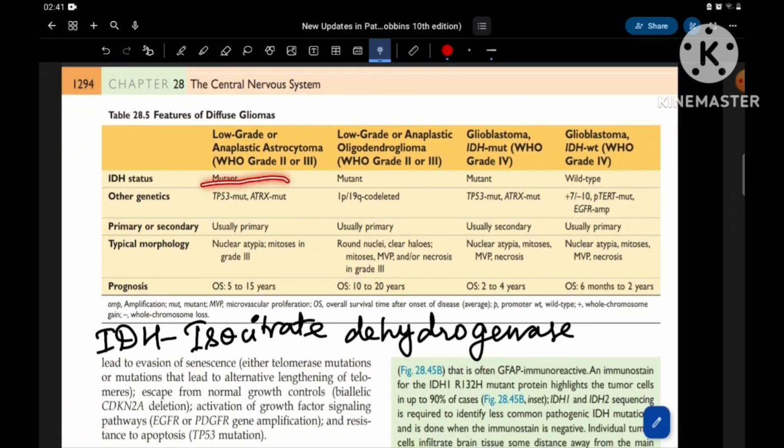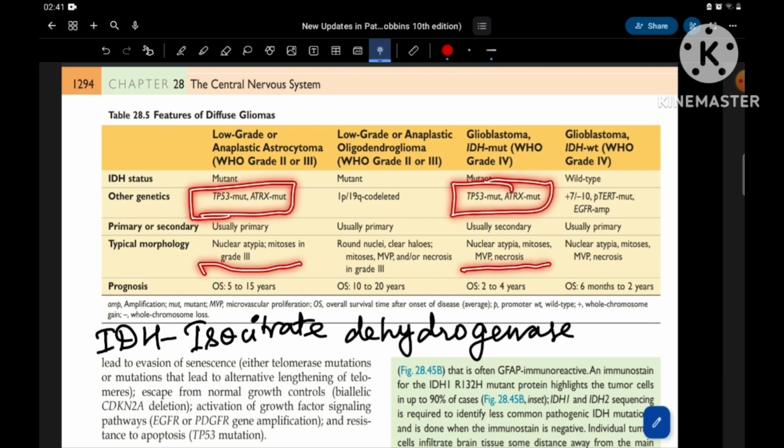I said a few minutes ago that these two look similar, right? See here, TP53 ATRX mutation, here also TP53 ATRX mutation. Nuclear atypia, mitosis, grade 3, here nuclear atypia, mitosis, of course there is necrosis. Yes, I said that, right?